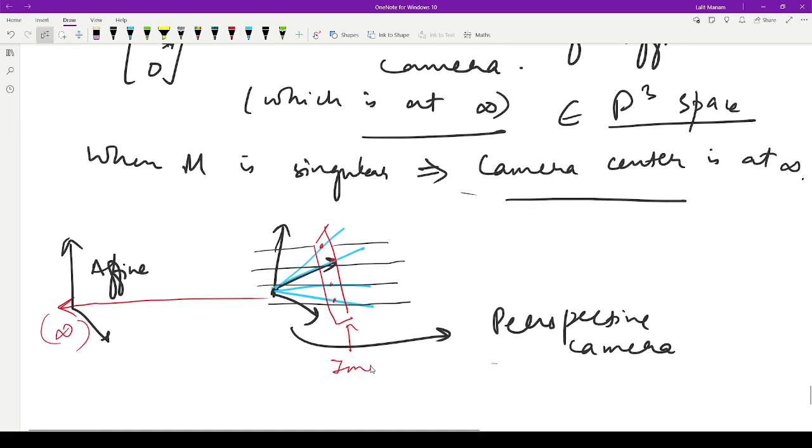I'm getting confused between the object and the image plane. Is there any other way to get a clearer explanation? Objects are these 3D points, and they are fixed. Based on where your center of projection is, you just need to connect one line from the center of projection to the object, or rather the 3D point.